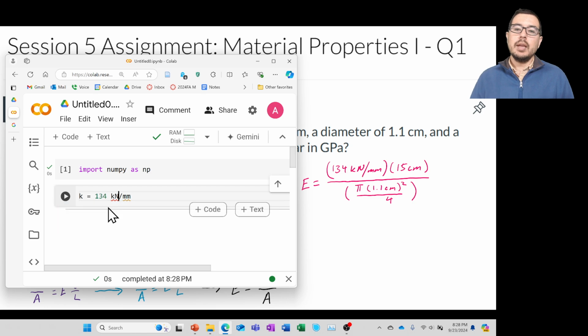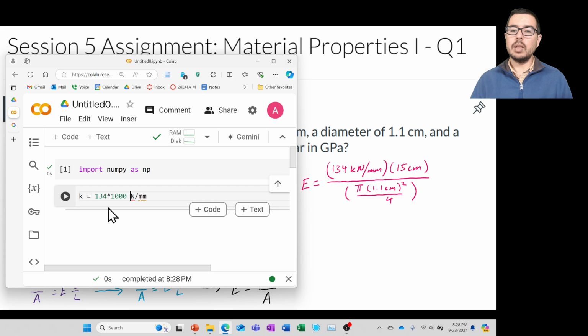Now, when using Colab to run these types of calculations that have units, it's often a pretty good idea to go to the base units of the metric system. So let's go ahead and do that. We know that 1,000 newtons are going to be equal to 1 kilonewton.